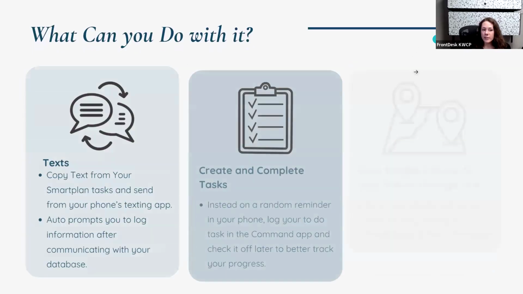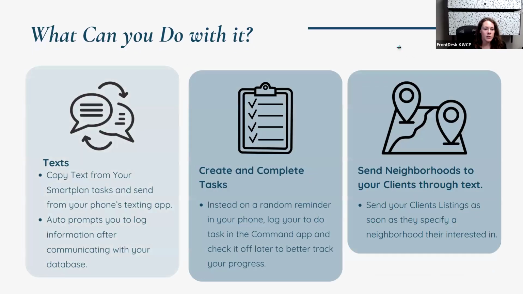And then a few other things you can do is copy and paste text from any smart plan that you have and send it directly through your phone. This helps if you don't have Twilio and you're not really interested in that second phone number nonsense. This is a great way to still make sure those texts are going through from your smart plans. And then that'll actually auto prompt you to log your activity.